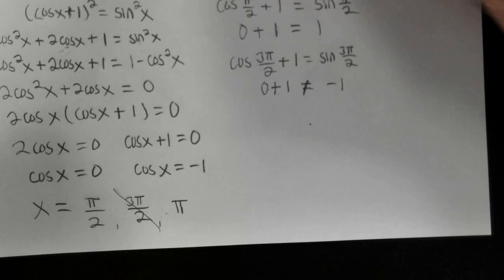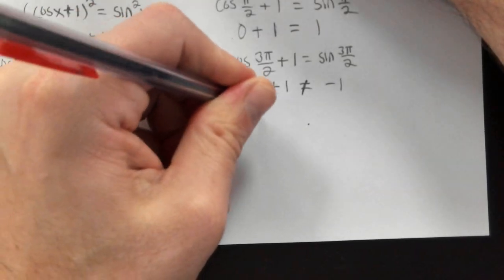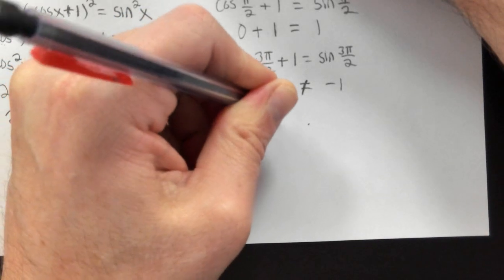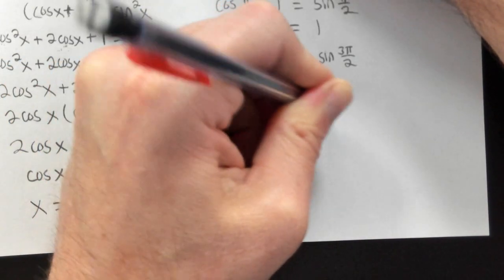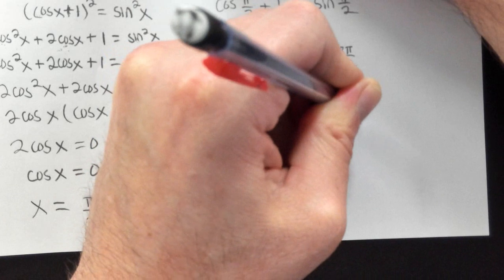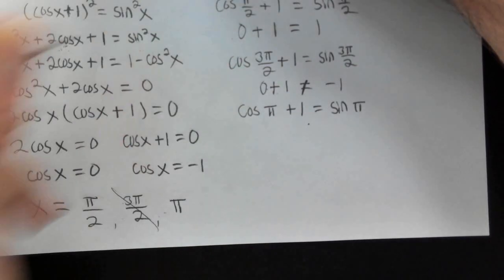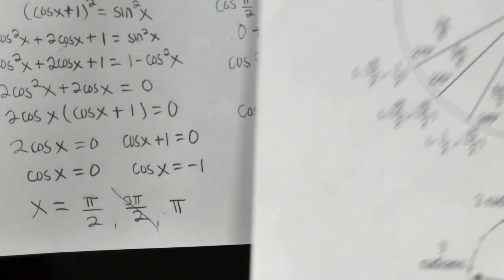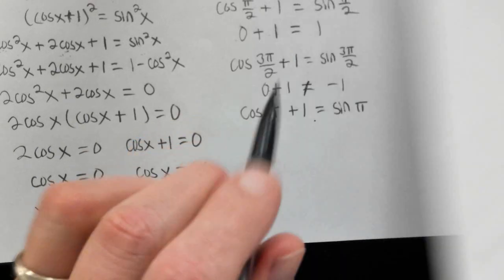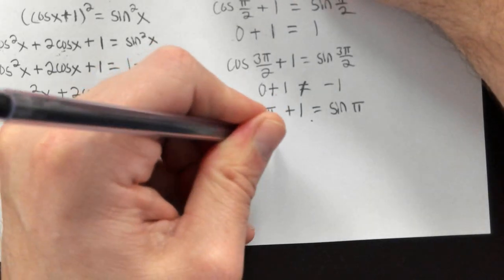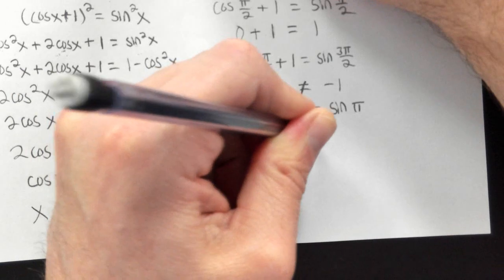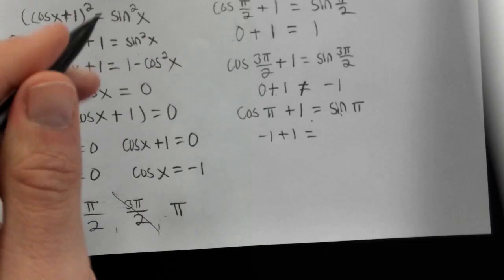What about the last one? Let's see. Cosine of pi plus 1, is that equal to the sine of pi? Let's have a look. So at pi, the cosine is -1. -1 plus 1 equals the sine of pi, which is 0.